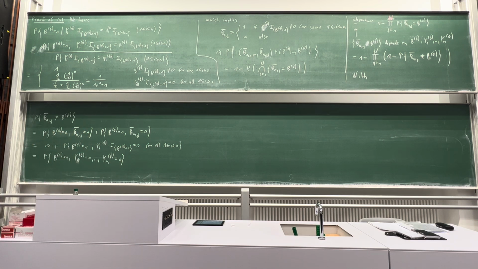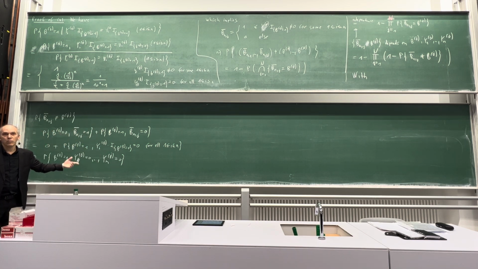And any idea how big this probability is? Or what the value of this probability is? We can split it because of independence. It's a product of the single probabilities, correct? Yes. And then the Bj has probability 1/2 that it takes on the value 1. And the Yij's have 1/10.